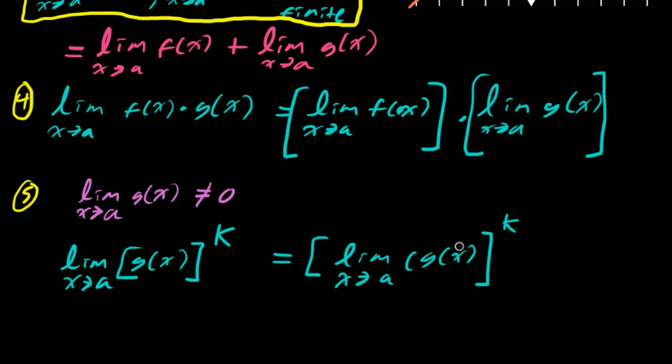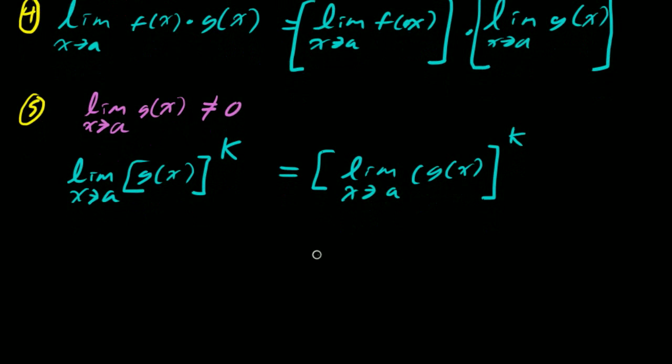So if we add the limit as x approaches a of g of x raised to the -1 power there, it would be like 1 over... Let me actually just do that example real quick.